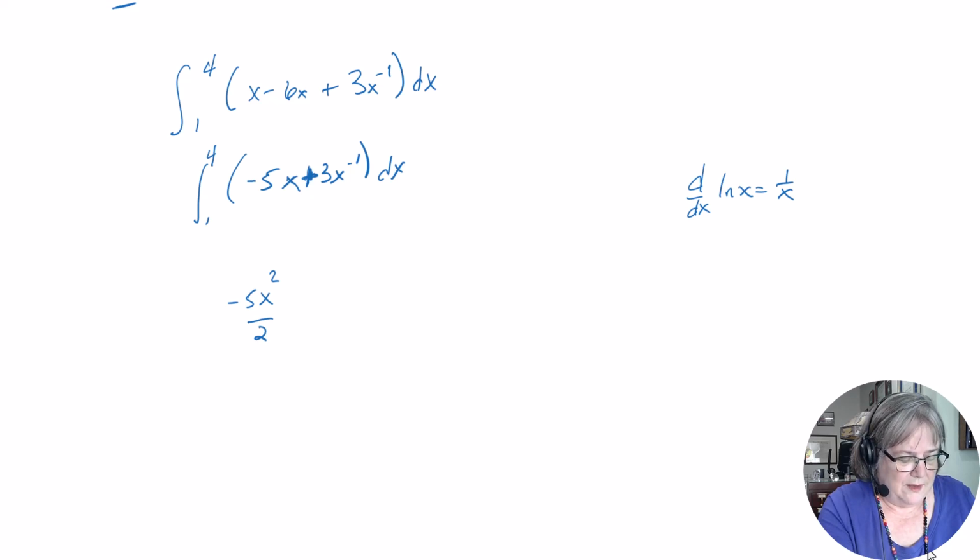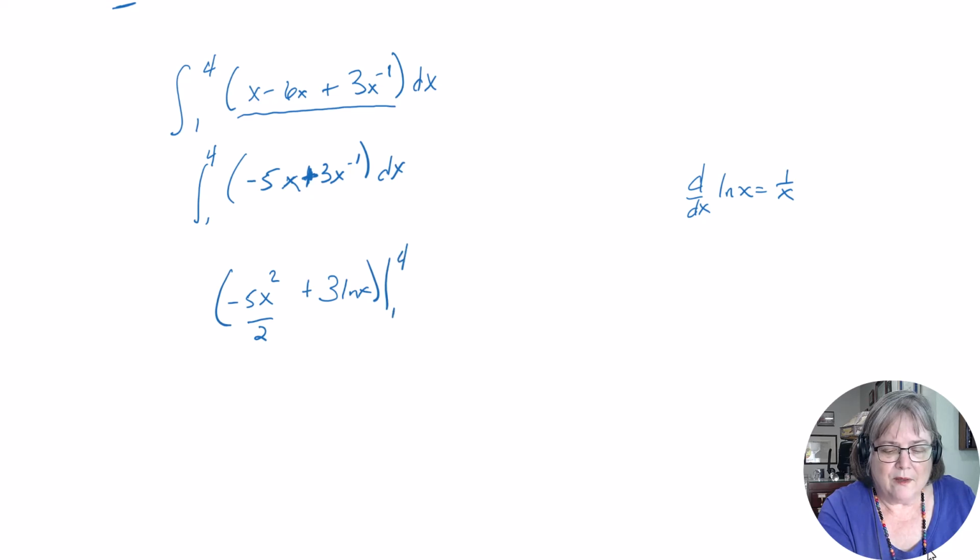So this says, what did you take the derivative of to get to this? Because what you're saying is this right in here is the derivative of something, and what you're trying to do is to retrieve what that something was. Okay? So this is what that something was, and I'm going to evaluate it from 1 to 4.